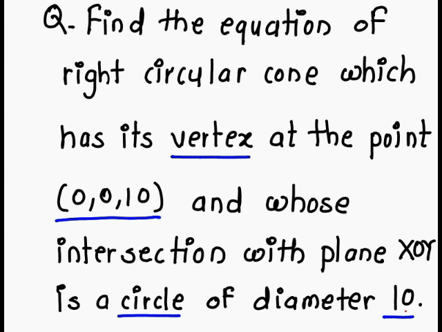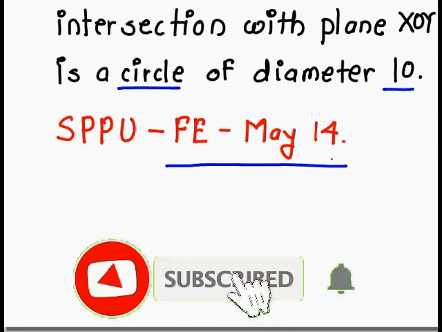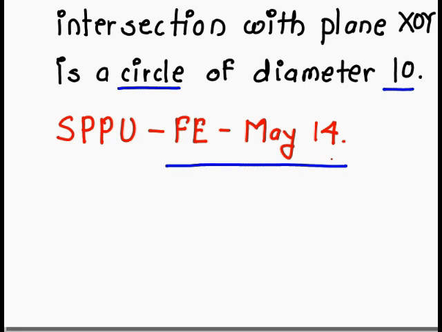This question was asked in SPPU, Pune University, for first year engineering in May 14. First of all, try to understand the problem: what is given, and how we find the basic required things, that is the coordinates of a vertex, the DRs of an axis, and the semi-vertical angle. If possible, try to draw the diagram for the given question.